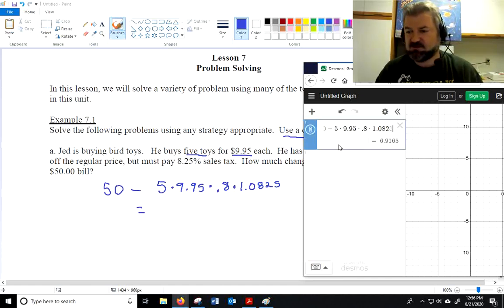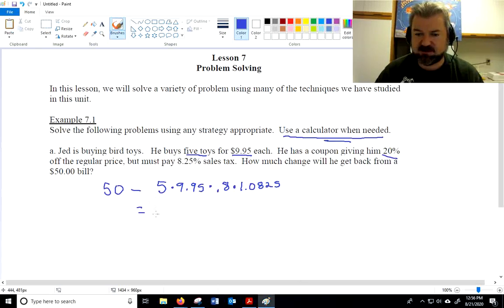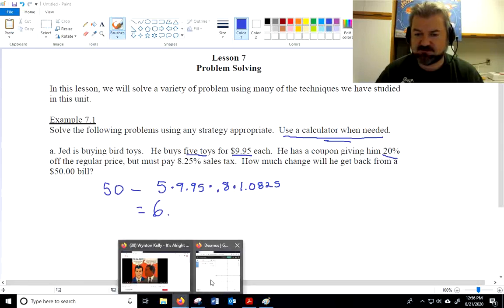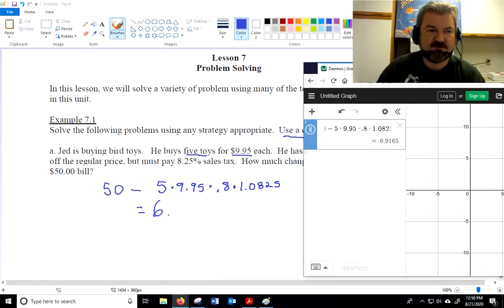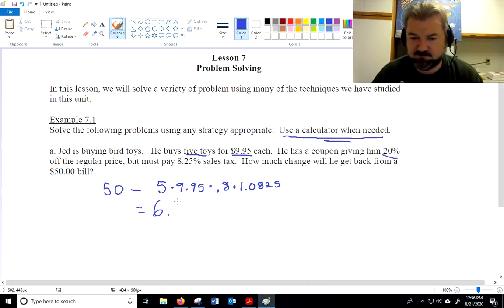And so it looks like I'm going to get $6.92 back, or 91 depending on how they round that. So let's just round it. 6.92. All right.